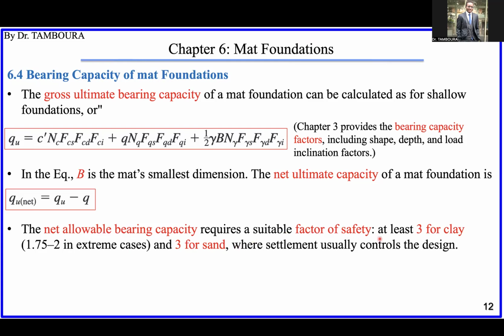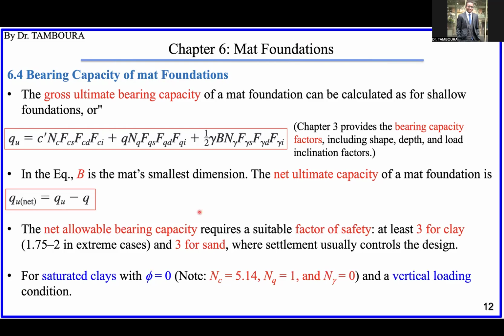The factor of safety is sometimes 3 for clay, but not always. For sand we also have 3, but mat foundation in sand is mainly controlled by the settlement, not really by the bearing capacity, and we will talk about this in the following slide.